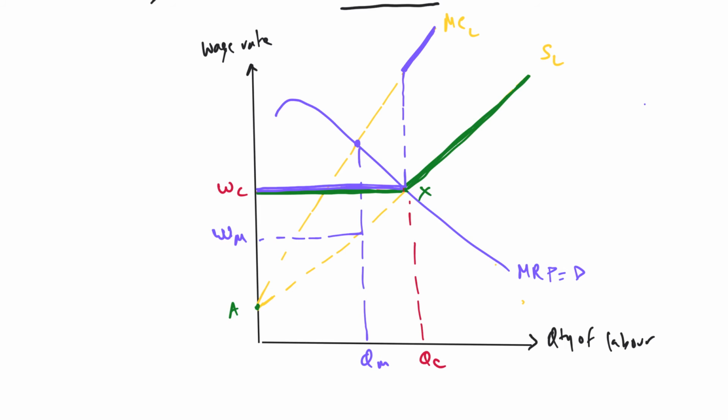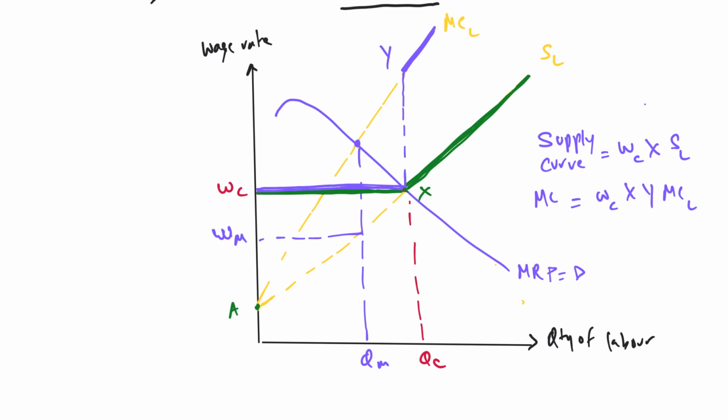In other words, your supply curve is WCXSL. Your marginal cost would be, let's call this Y. Exactly, WCX for the same part, and then Y MCL. So like this.